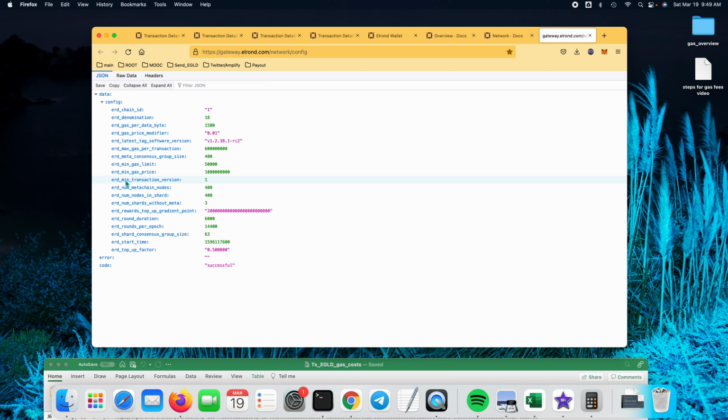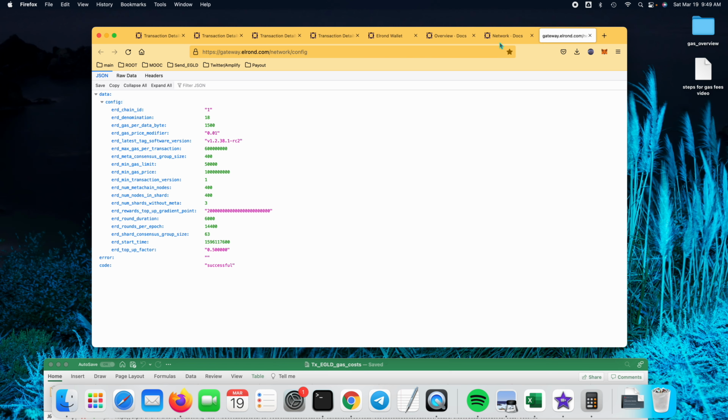But the first one we're looking for was that ERD minimum gas limit, which we just talked about. And that's 5 with 4 zeros behind it. And since we're dealing with some pretty large numbers here, I may refer to these numbers in their scientific notation. So in this case, 5 times 10 to the 4th power.